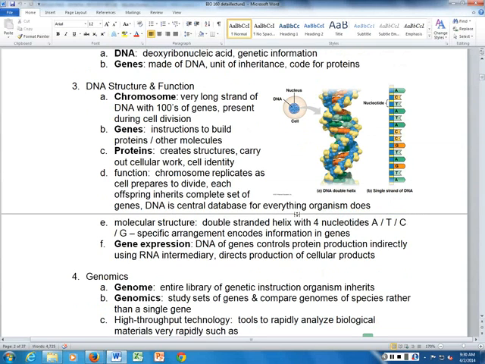So when we look at the DNA in there, it's going to form chromosomes when cells divide. The chromosome is what you most likely think of when you think of DNA. So those are those X-shaped things like this.